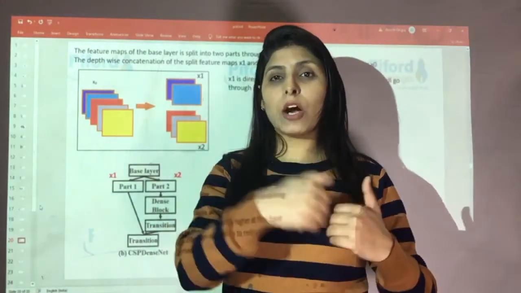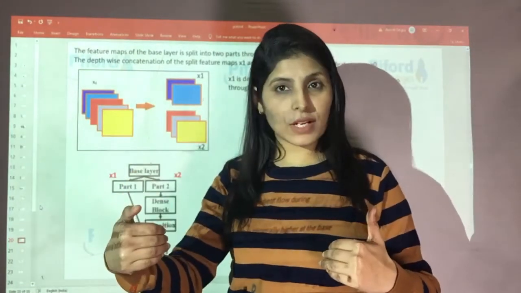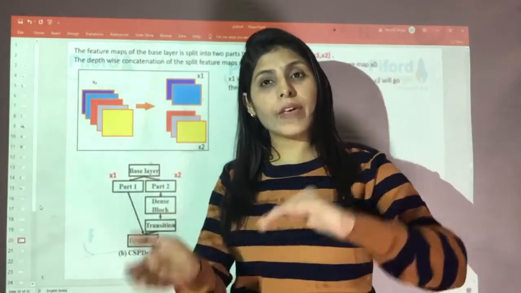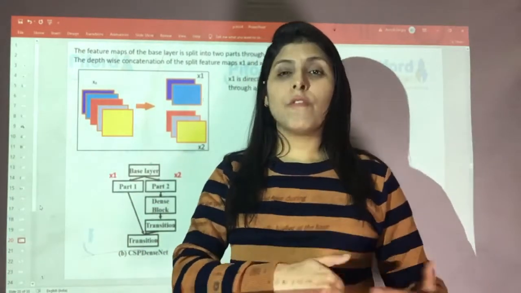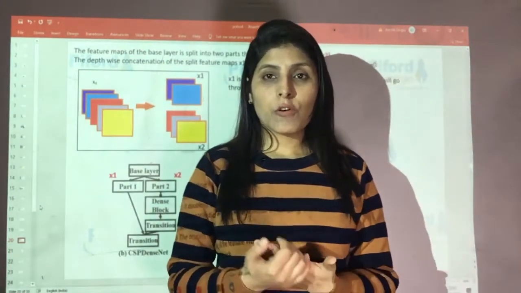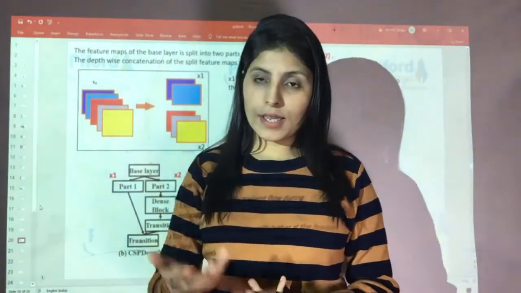Normally what happens? The output of previous layer will become the input of next layer. But in dense block, what will happen? The output of every previous layer will become the input of next layer. So this is what CSP is.